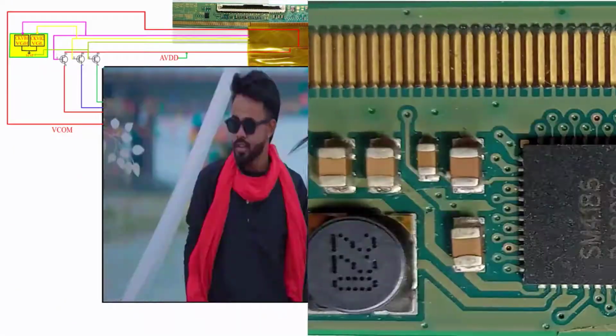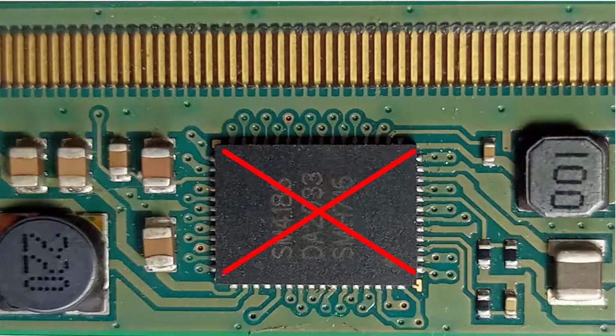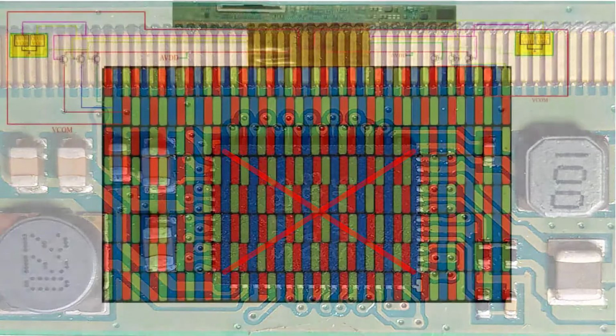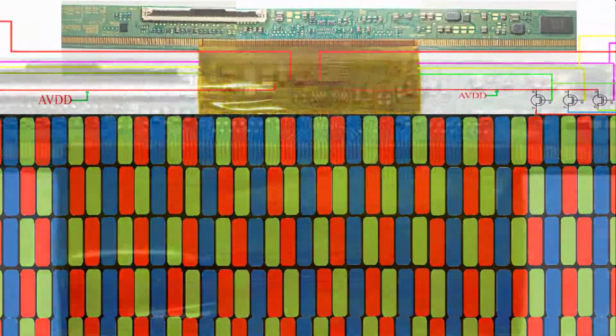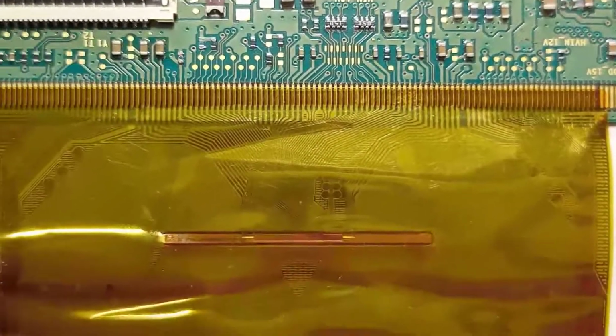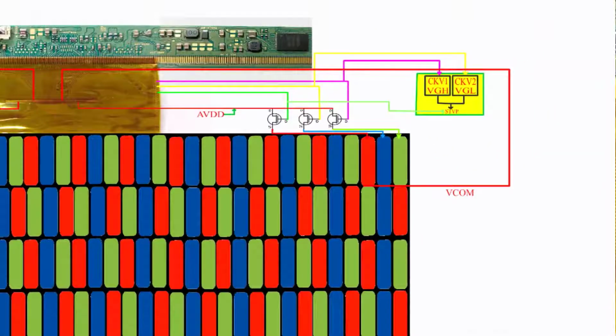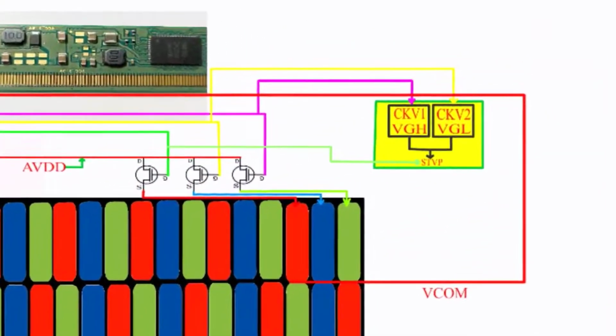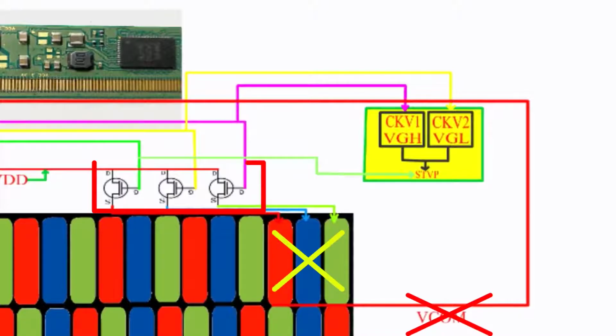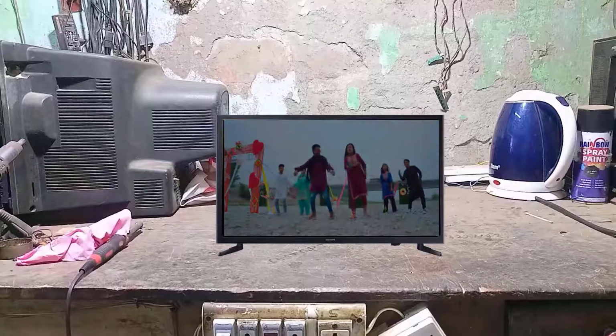Then here our topic is why the DC to DC IC goes into protection mode. When the AVDD voltage from the DC to DC IC hits the source COF, then the automatic VCOM voltage turns off and the transistor gets short. Then the picture on that display goes off.